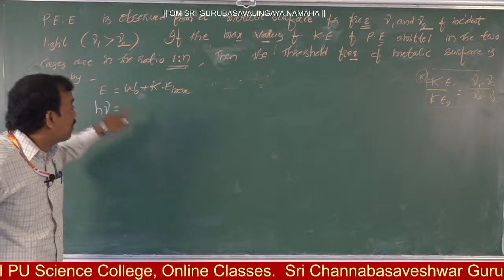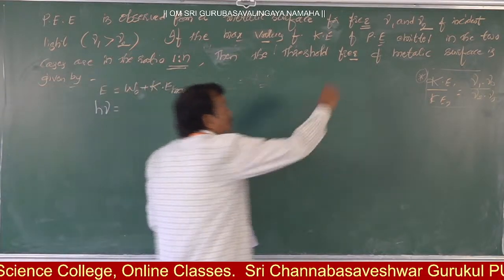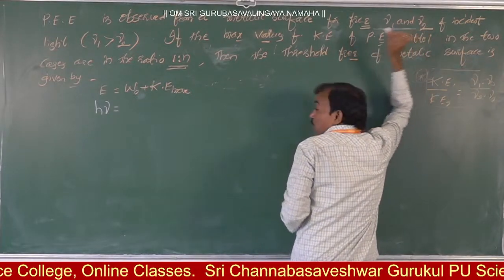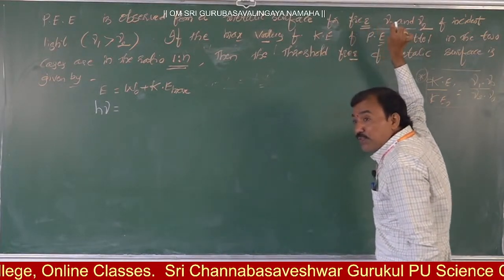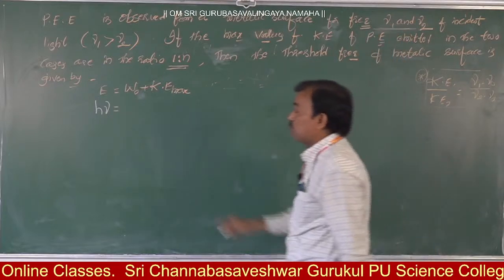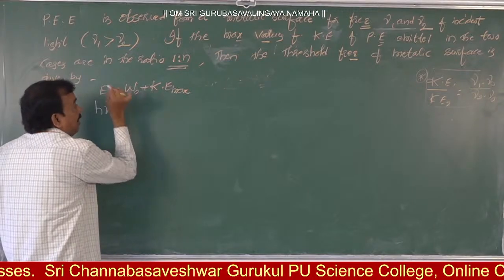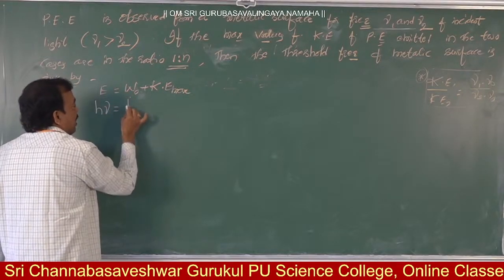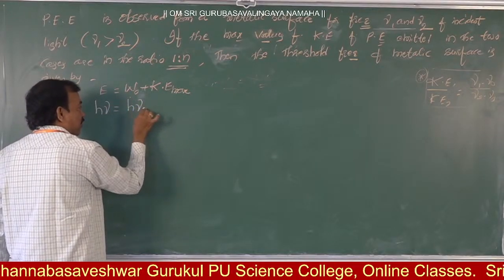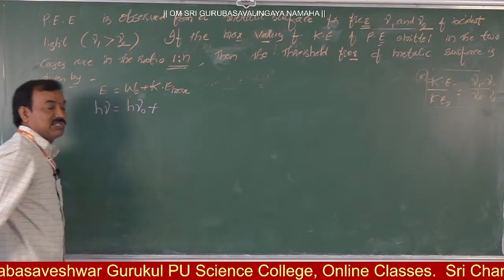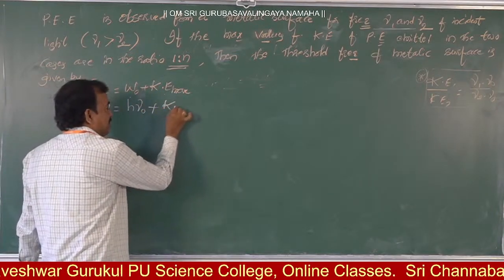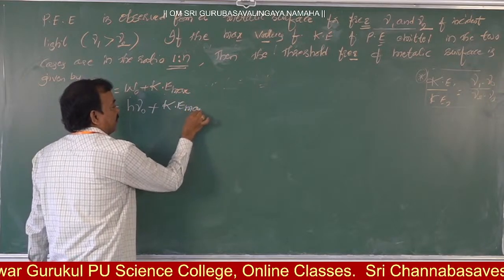But in this question both frequencies are given, so whenever frequency is given, the equation is h nu. So h nu is equal to W0, or h nu naught, plus Ke max, where Ke max is the kinetic energy.